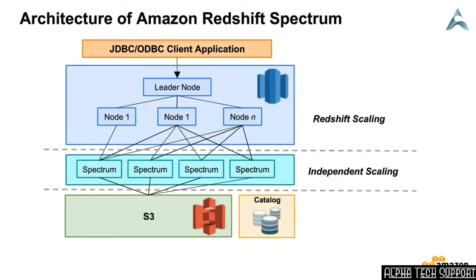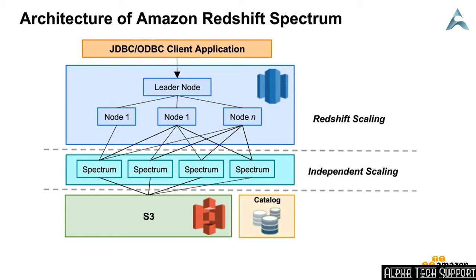This is a simple architecture of Redshift Spectrum. A person using any business intelligence tool could create a request using JDBC or ODBC bridge from client application, which goes to the leader node. The leader node controls or divides the task to other nodes.